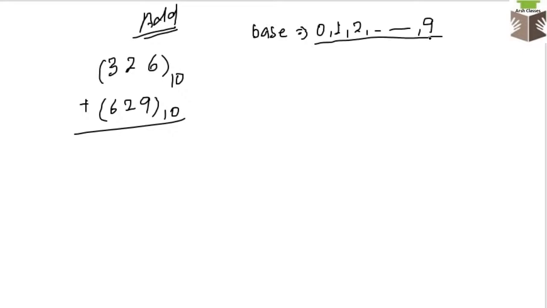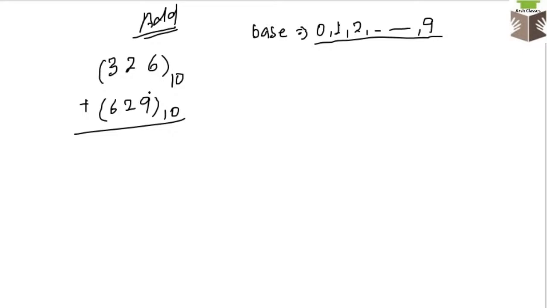Not more than that you can write in a single digit. Definitely you can write 10, 11, 12 and so on. There are so many numbers that you can write in base 10, but definitely those will be more than a single digit number, right?